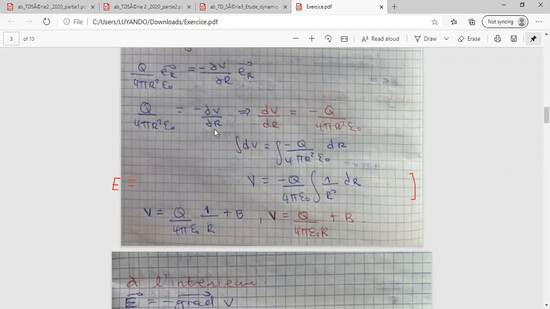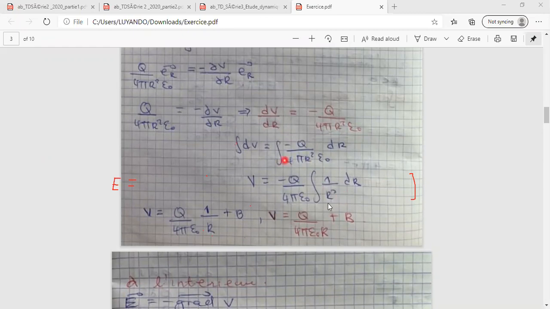Yeah. Are you sure? Yeah, I'm sure. I was lost on why the r squared, because I didn't notice that it came from the 4 pi r squared in the formula. So the integral of 1 over r squared is a simple integration.